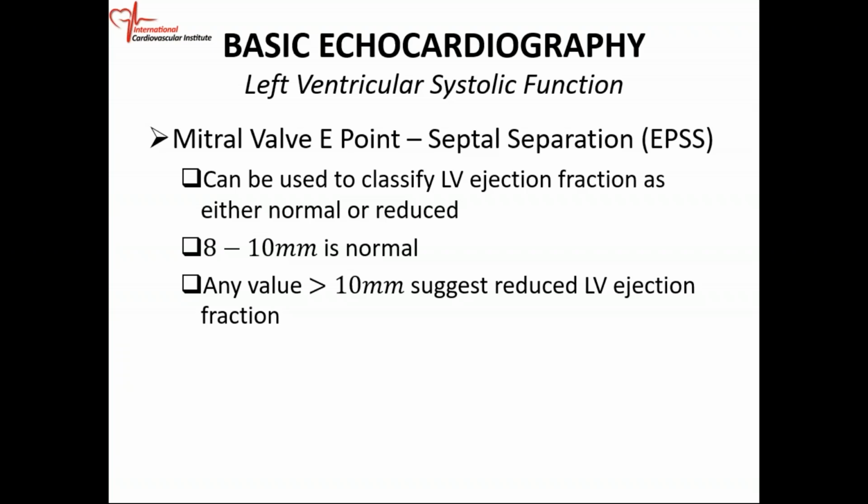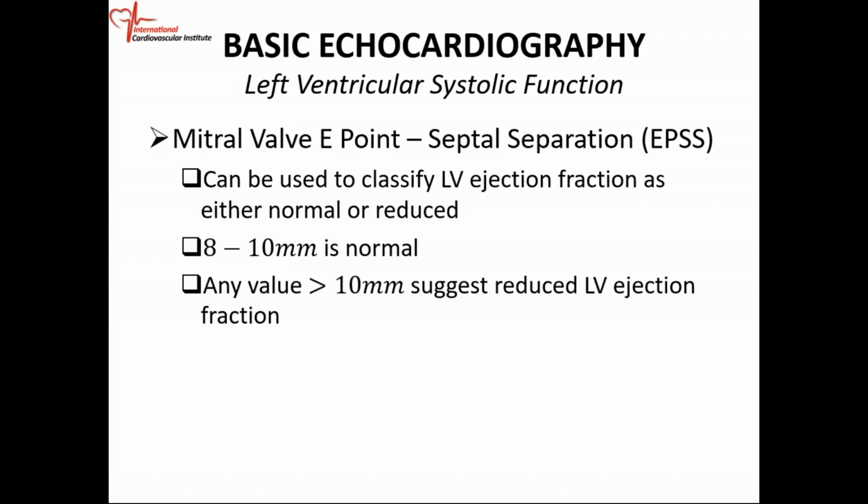And then we come to the M mode measurement, the mitral valve E-point septal separation. So this is an M mode assessment, but it's fairly accurate. And the normal separation of the E-point from the septum should be less than 10 millimeters, 10 millimeters or less.